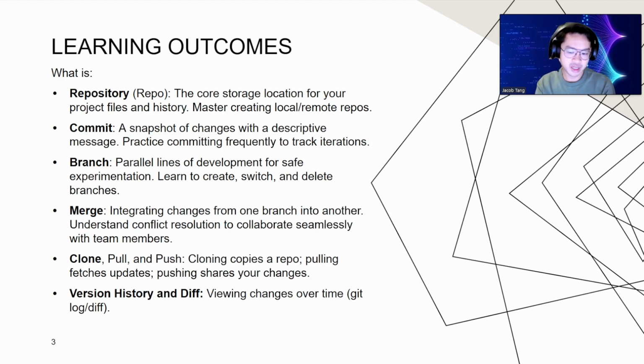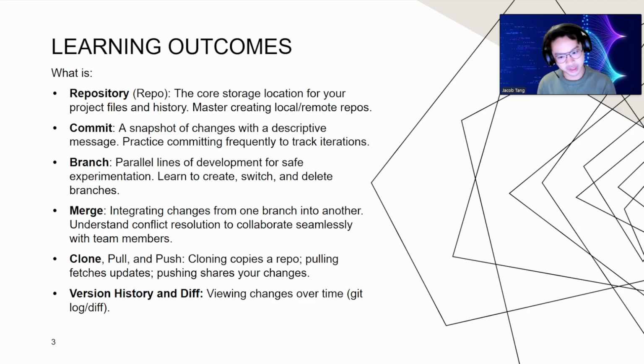A commit. So a commit would be some kind of update to a code. And a commit usually includes some kind of descriptive message on what is changed. So we will practice committing frequently and track those iterations and provide a descriptive message to each commit.